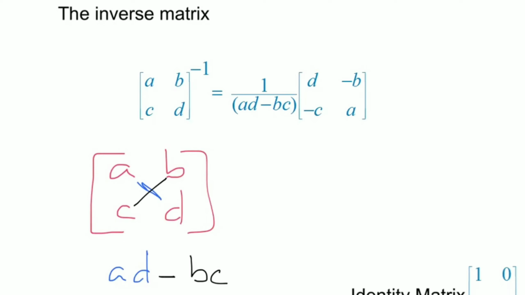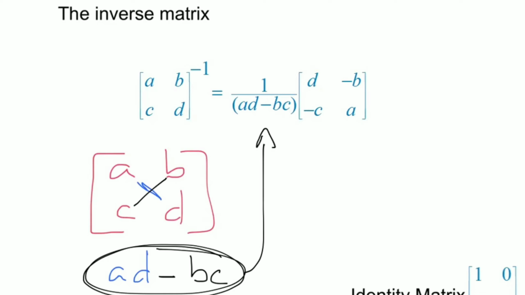And if I put a subtraction sign in the middle, you'll notice that this expression is the expression which we call the determinant. So by looking at the diagonals, firstly the same diagonal as the identity matrix, and then the other diagonal, we've got the expression for the determinant.